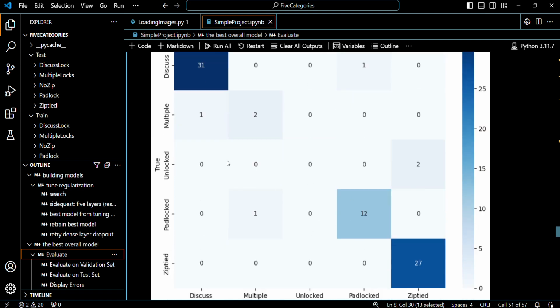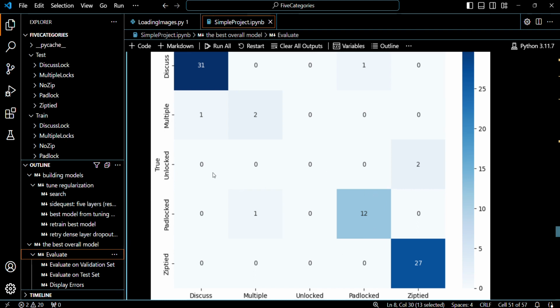We want to know, is it locked or not? That is the main thing. And we also kind of want to know, do they have a discus lock or a padlock? But locked or not, number one importance. And this model can tell locked from unlocked.